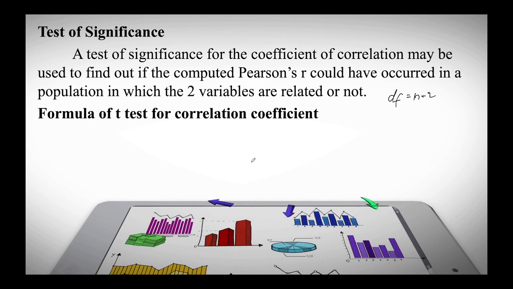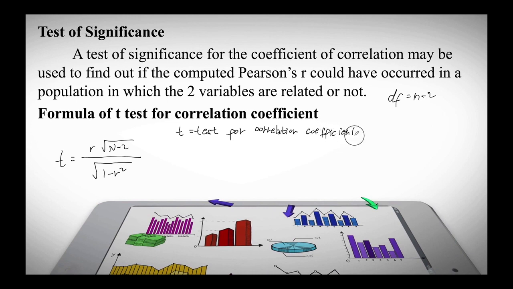And the significance is computed using this formula. So, I will write the formula. We have here T equals R, the value of R, square root of N minus 2 over the square root of 1 minus R squared. For the T, this is the t-test for correlation coefficient. Ayun, nasulat ko na pala sa taas. Inulit ko lang. Sorry sa sulat, no?